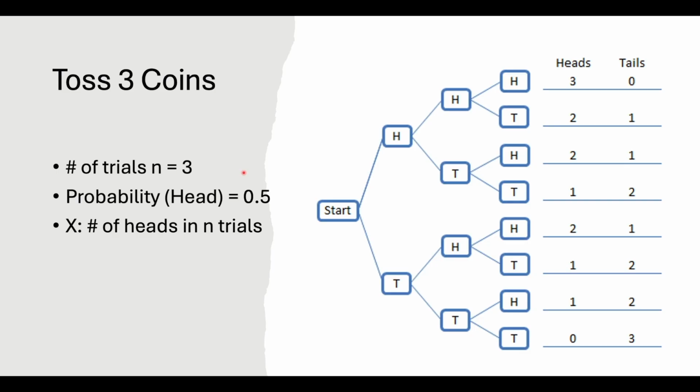Now in binomial distribution problems, we are interested in finding the probability that we have x successes. Here success is defined as getting a head. So we are looking at the probability of x being 1 or 2 or 3 or even 0. But it cannot be more than 3 because it's not possible. We are repeating this experiment 3 times and it's not possible to get more than 3 heads, right?